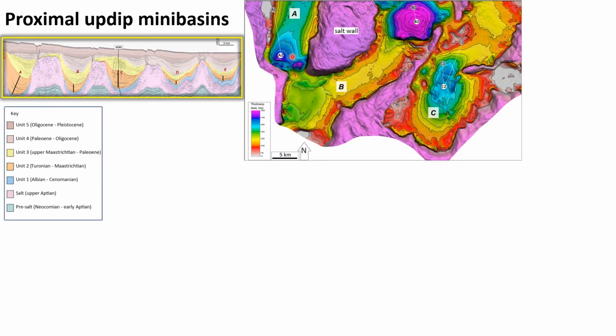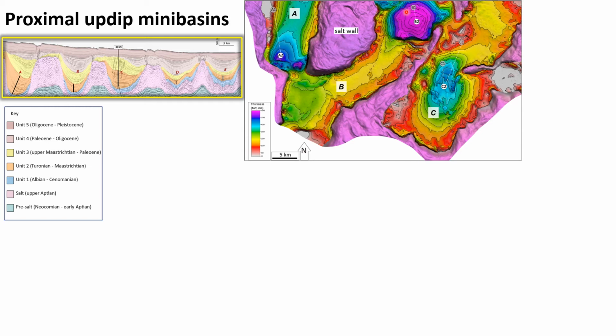This map is the isochron or thickness of the orange unit displayed with the top salt map to highlight the geometry of the bounding salt walls at that level. Depocenters are highlighted in blue and purple, and these are located in more distal locations along minibasin A, in central locations in minibasin C, and in a more proximal updip location within minibasin B, suggesting frontal confinement of the sediments.